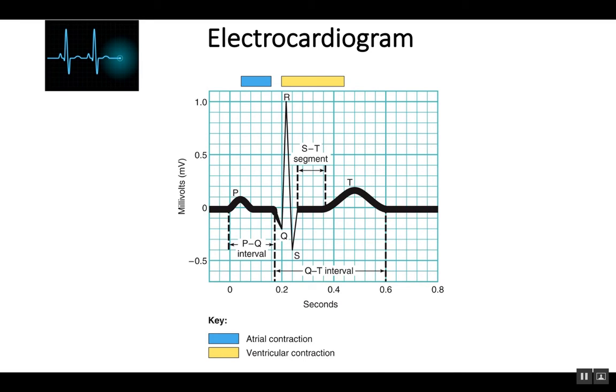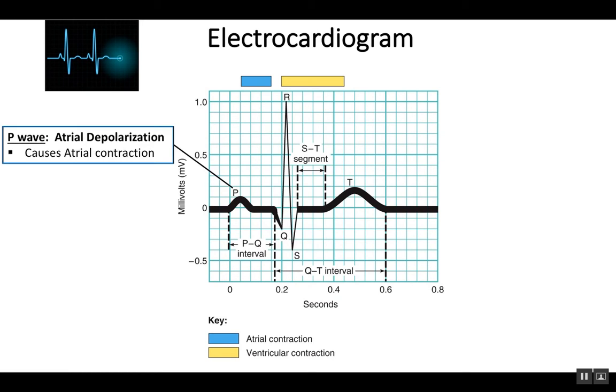So we really need to work hard on looking at one of these tracings, understanding that there are letter designations for the waves and the intervals, and then start to put this together and understand what's causing those waves and intervals.